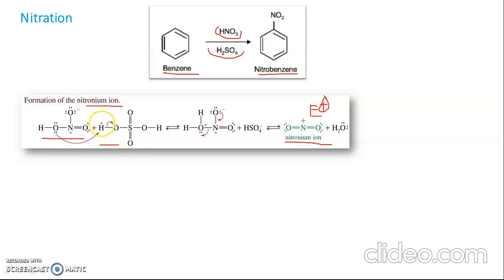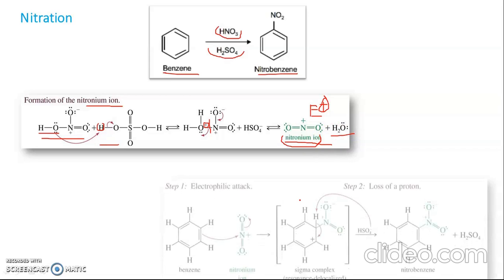It is accepting a proton from H2SO4, and this oxygen is becoming positively charged as it has accepted the proton. After that, this bond will be broken and we will get the nitronium ion, and the byproduct, a water molecule. Fine. So now the actual reaction will start.